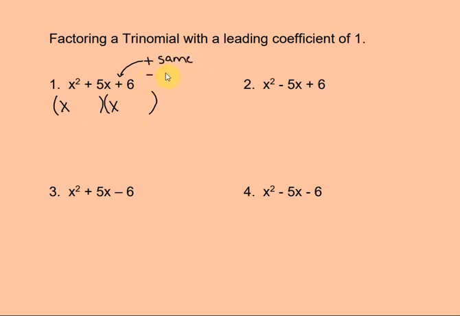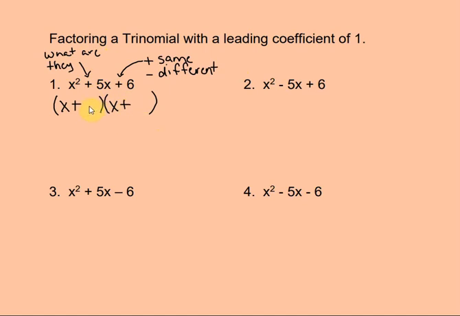If it's a minus sign, then the signs in my binomials are going to be different. Because this is a plus sign, I know these two signs are going to be the same. And then this sign tells me what they are. Since that's a plus, that means we already know they're the same, and then that tells me that they're both positive.